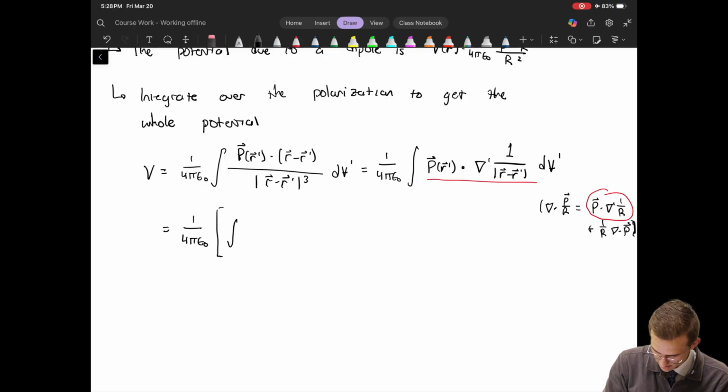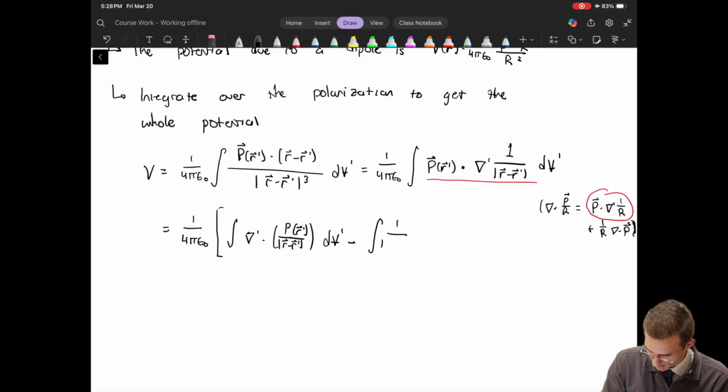We have an integral of del prime applied to P over R minus R prime. Like I said, this is P evaluated at R prime, just to be clear, dv prime, minus the integral of 1 over R minus R prime times the divergence of P of R prime dv prime.